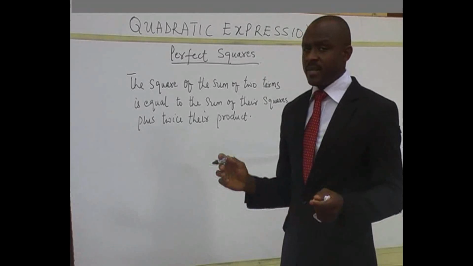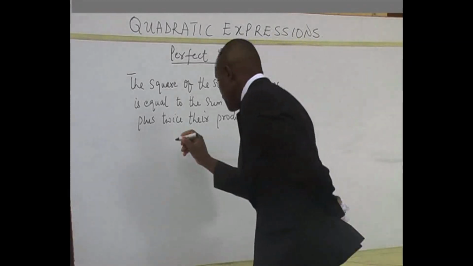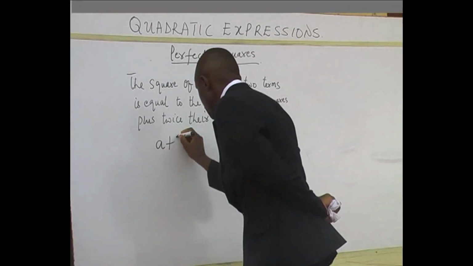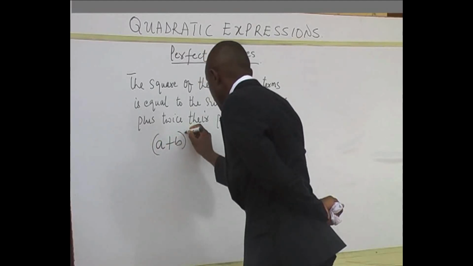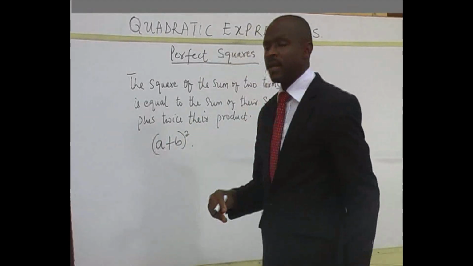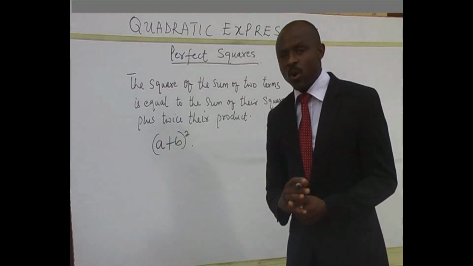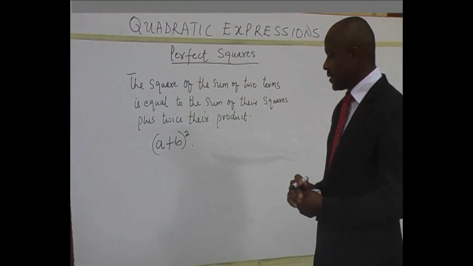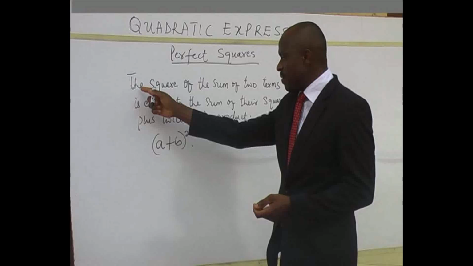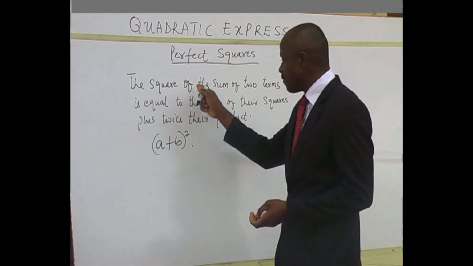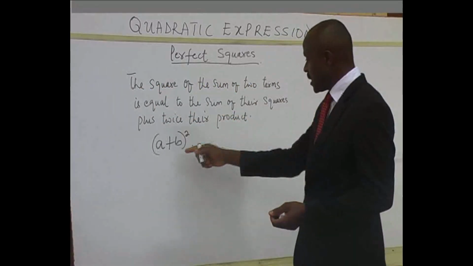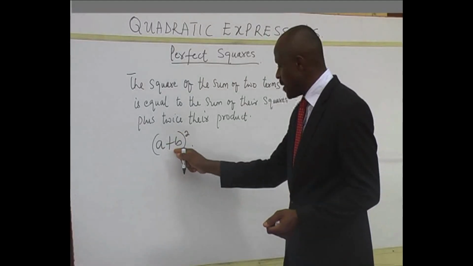I would like to explain this. For instance, if you have a plus b squared, as I said before, the square of the sum of two terms, the two terms now are a and b.